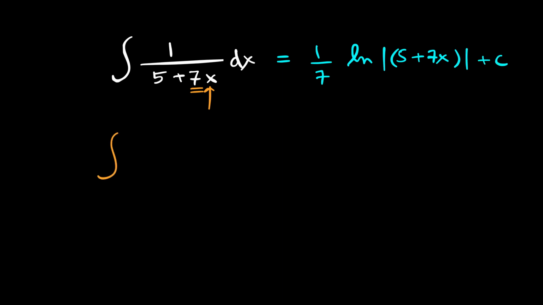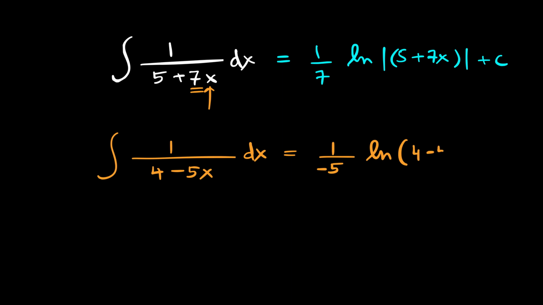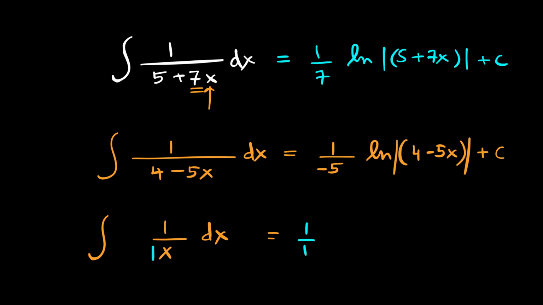Similarly, if we have 1 over 4 minus 5x dx, that is 1 over 5 with a negative sign, ln|4 - 5x| plus c. Don't forget the modulus sign. 1 over x dx. The coefficient of x is 1. Therefore, this is 1 over 1 ln|x| plus c.